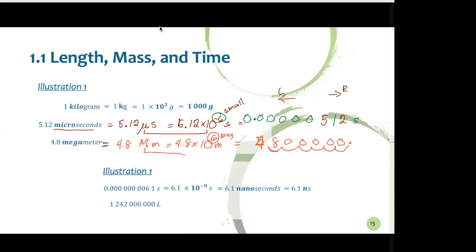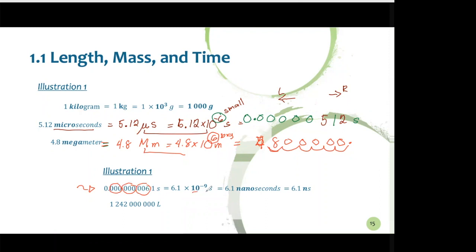Okay, let's have another one. So what if you have a small number, one that is not yet written in scientific notation? So we have this value and then we convert it this way. Normally you just group it by 3, 3, 3, and 3.